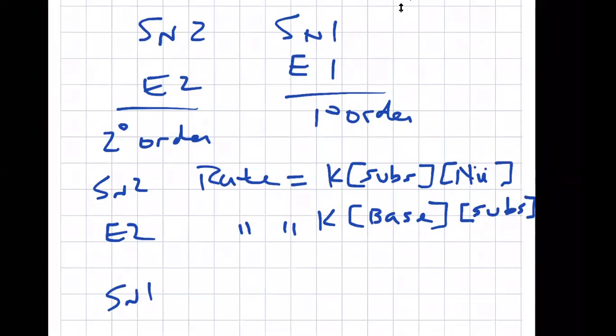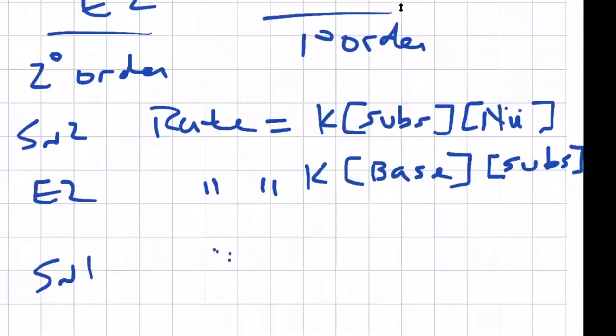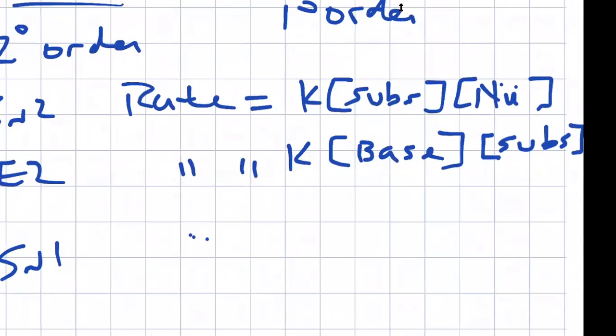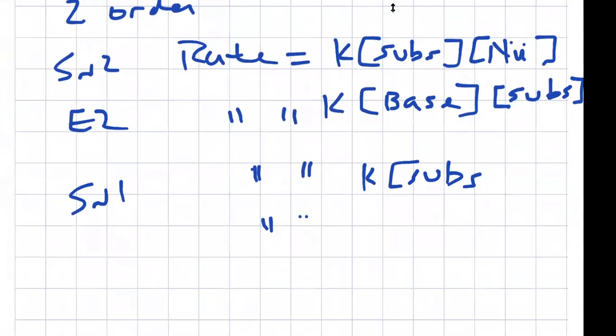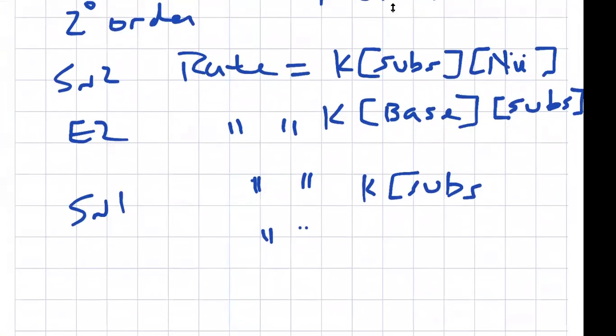What if you change one of the concentrations? That's why this matters. So the rate for SN1 is K times the substrate, and it's the same for E1. Some of this is redundant because we talked about it in part one.